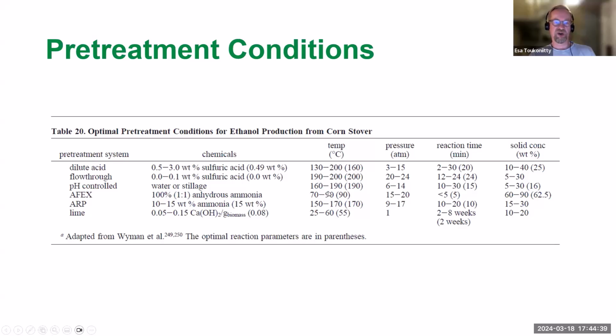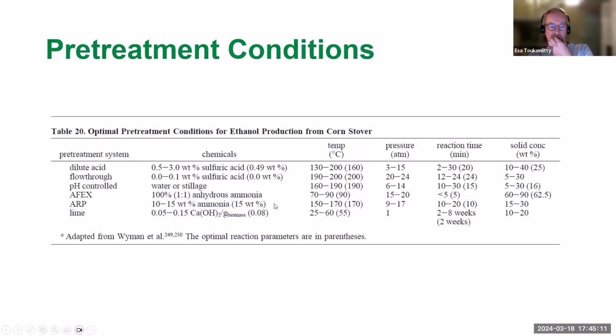We are talking about temperatures often higher than 100 degrees. So it requires energy, and the majority of the methods also require increased pressure. Reaction times in some of the methods are several weeks, but in some methods rather short, like a few minutes.